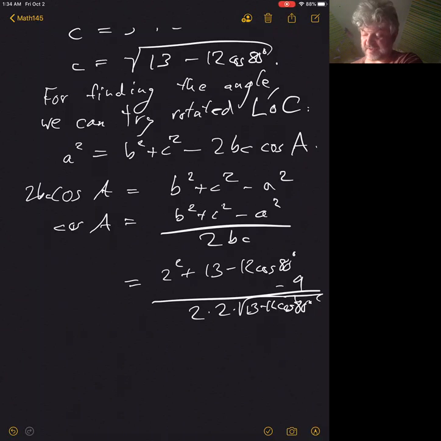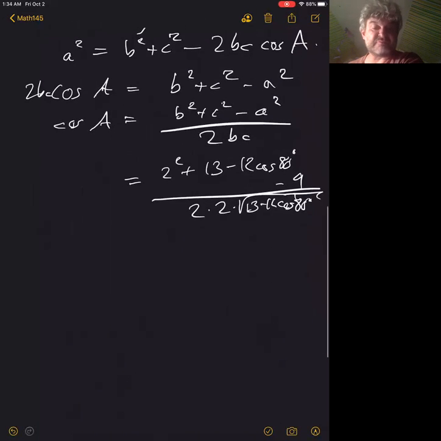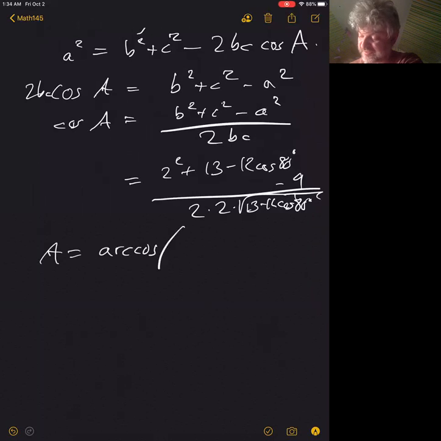Ugh, it's not pretty, but at least it's only numbers, no more unknowns, and we can apply the arc cosine function to both sides. So we get A is the arc cosine of that whole splodge. It's 4 and 13 minus 9, which is 8, minus 12 cosine 80, divided by 4 times the square root of 13 minus 12 cosine 80.